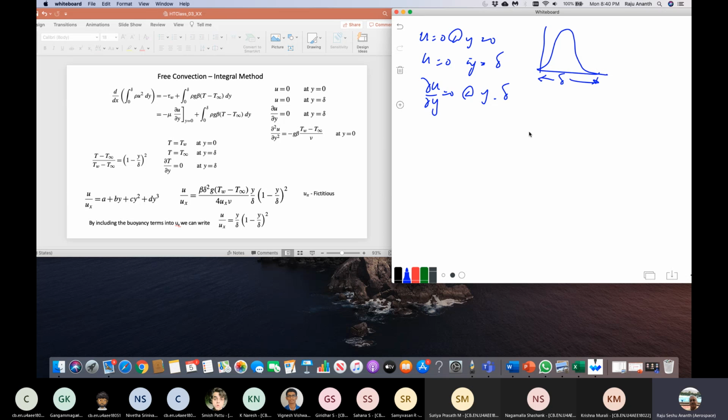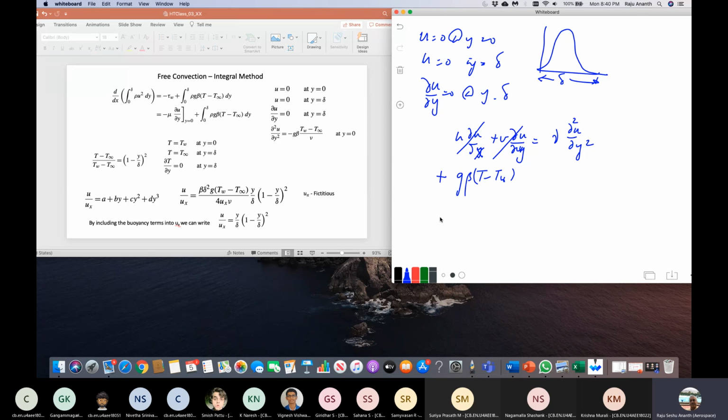Remember, we had u du dx plus v du dy equal to nu d square u over dy square. At the boundary plate, u is 0, v is 0. And there was another term here. Remember, the other term was g beta (T minus T infinity). That can be taken out.